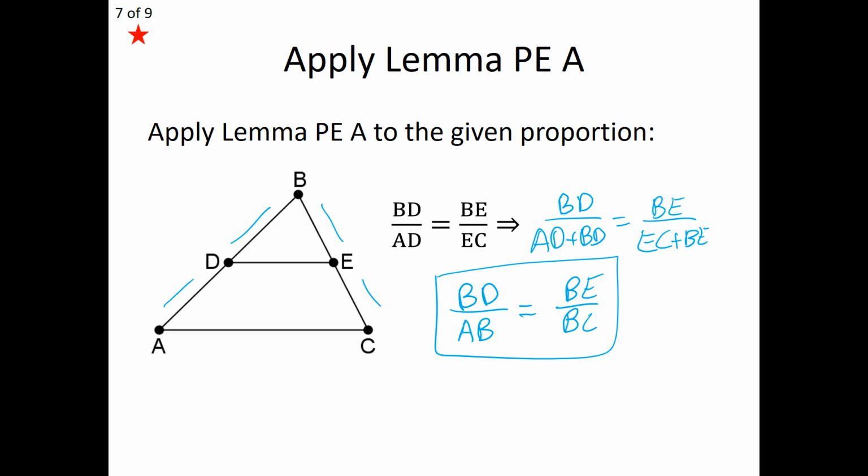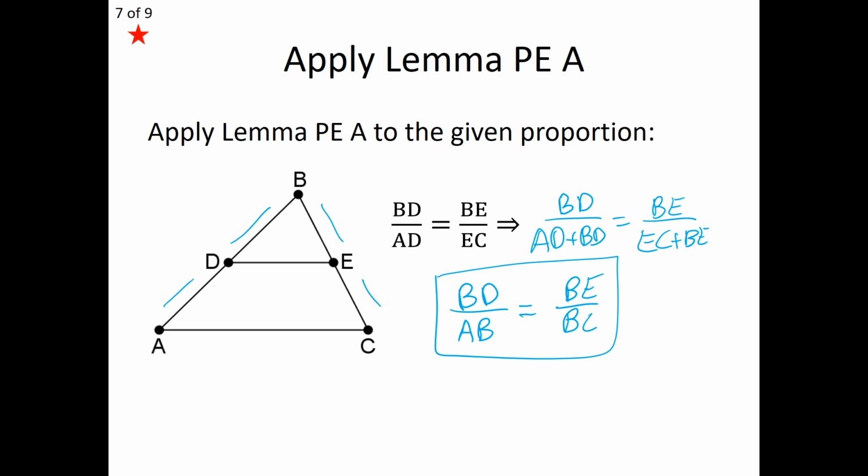Well, we're going to carry this proportion with us now to the next slide because there's something going on here. Let me kind of unpack this before we dive into the next slide. What are BD and AB? Well, those are sides of the two triangles, the smaller triangle BDE and the larger triangle ABC, which means those sides' ratio together is in fact proportional to another pair of sides of, again, the smaller triangle, larger triangle.